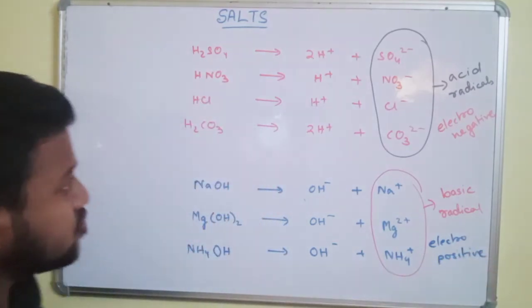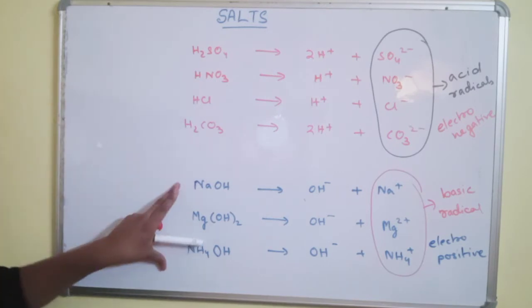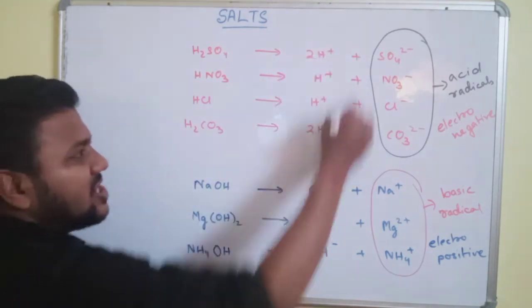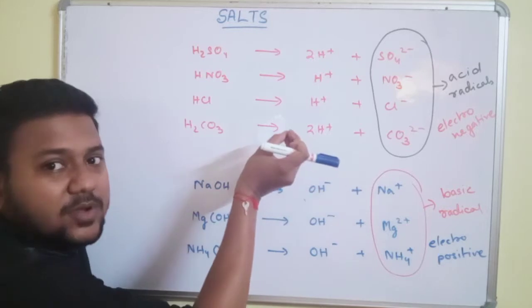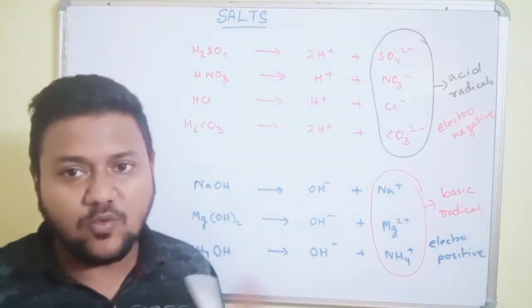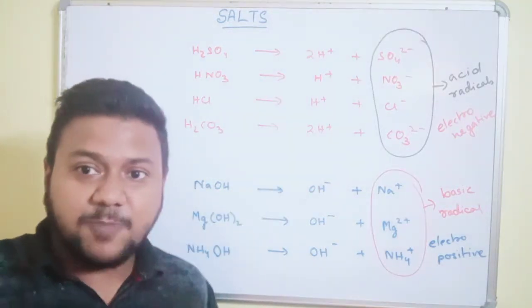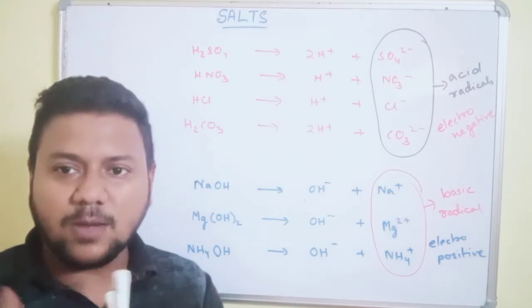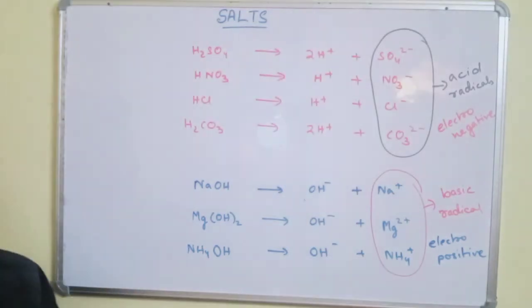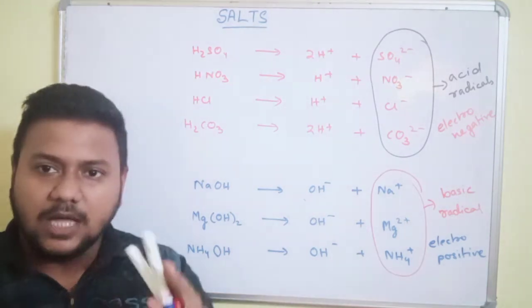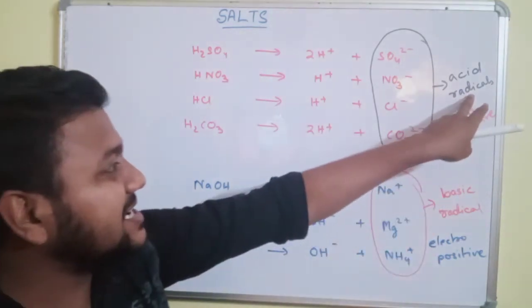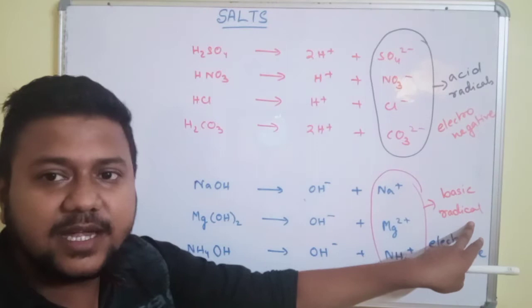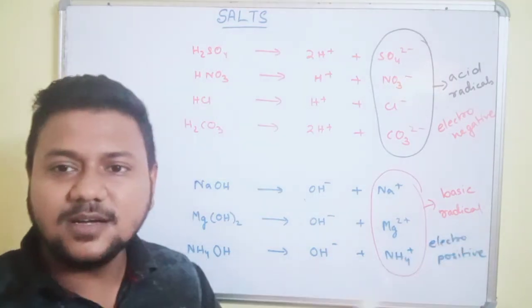So what happens when acids react with certain bases? This H+ and OH- come in contact, leading to the formation of water. But besides the water that is formed, one more substance is formed in the acid-base reaction, which is salt. The acid radicals react with the basic radicals to give a salt.